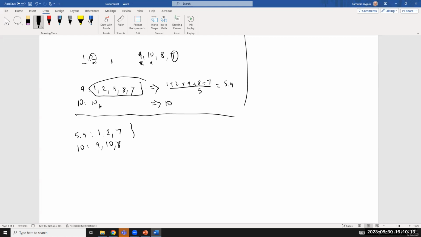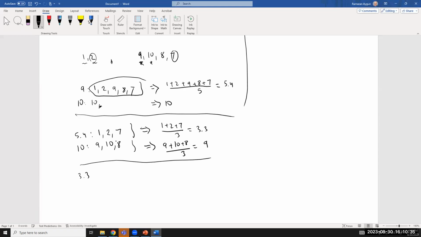So after this, I'm going to recompute the centers. 1 plus 2 plus 7 divided by 3 is 3.3. And here I have 9 plus 10 plus 8 divided by 3, which is 9.